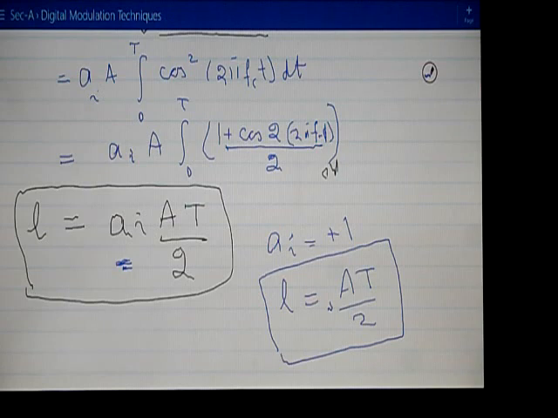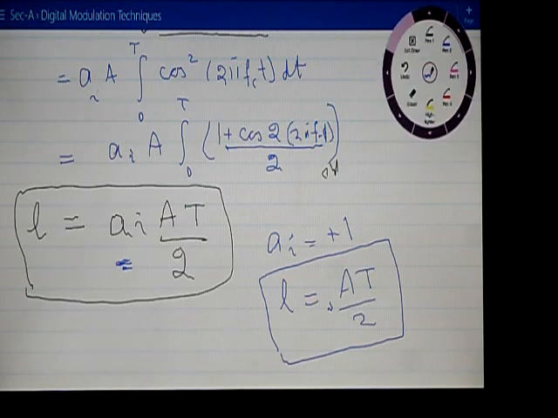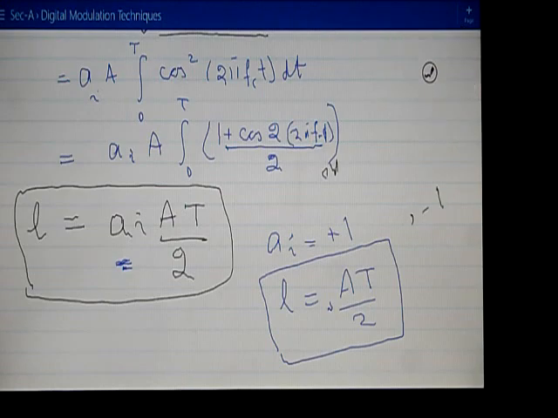A, T, all are positive values. And if this is negative, then your L will be minus A times T over 2, right?